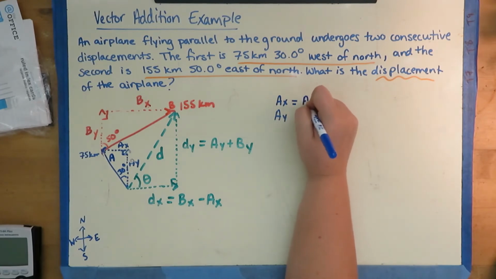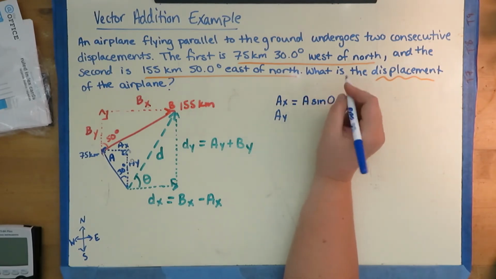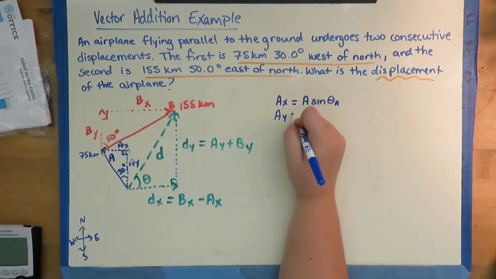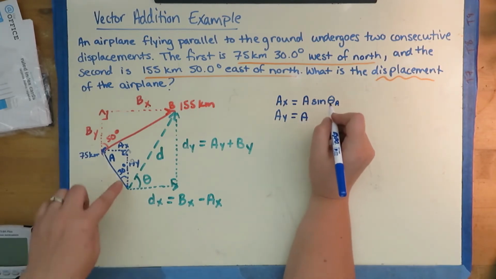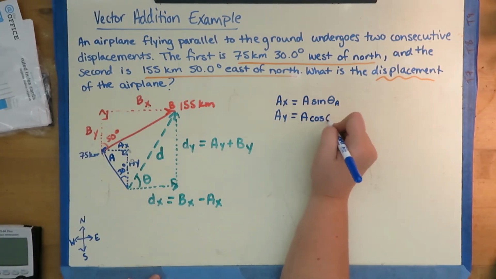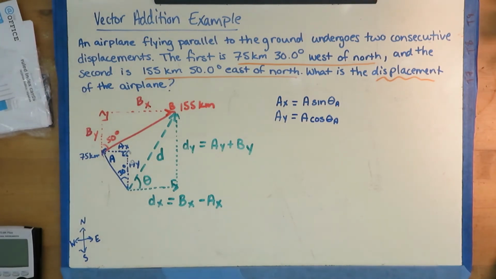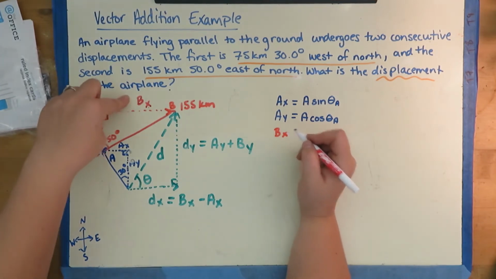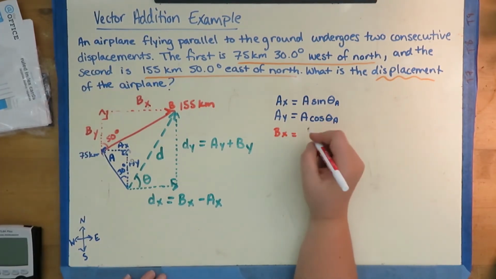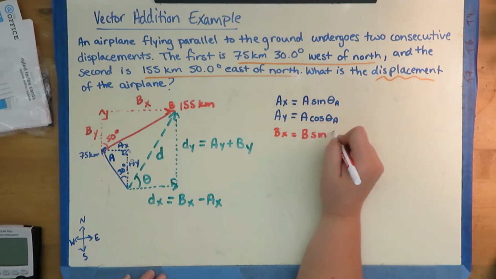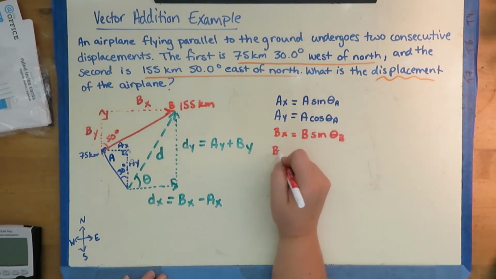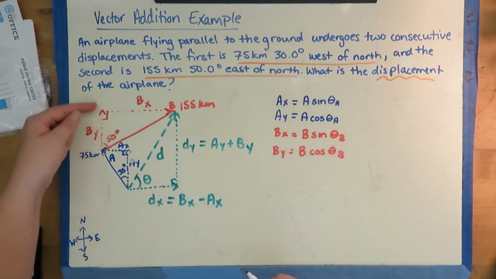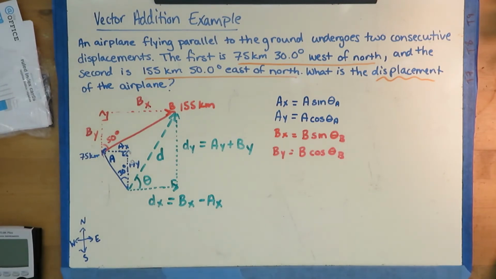So it's going to be A times sine of theta A. And then AY is the adjacent side, so it's A times cosine of theta A. For B, BX is also the opposite side, so it's going to be B times sine of theta B, and BY is going to be B times cosine of theta B, because it's the adjacent side of that triangle.